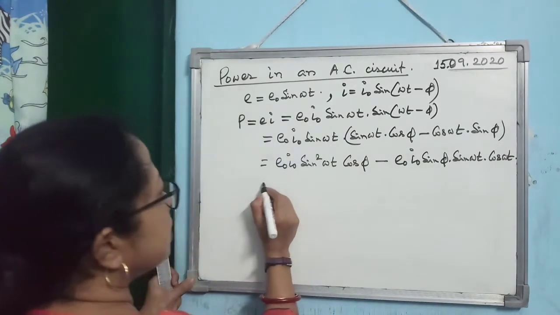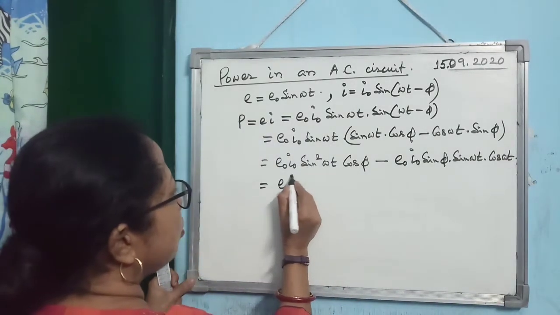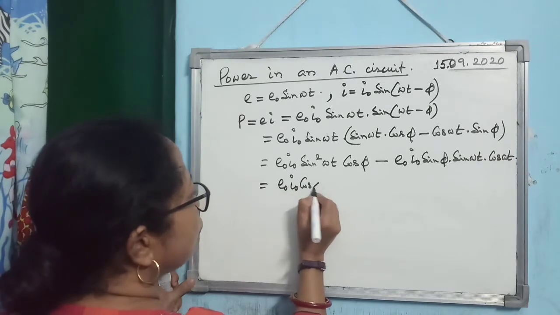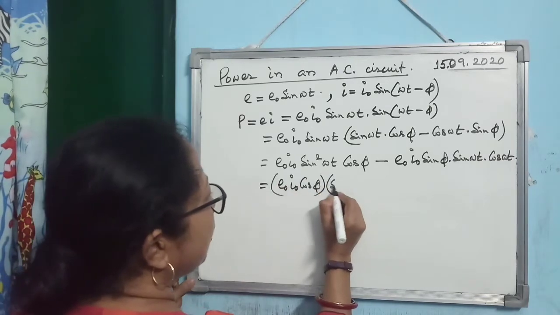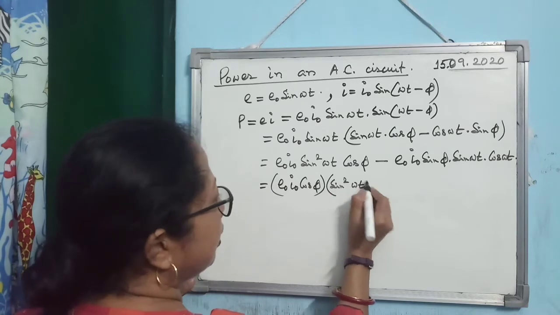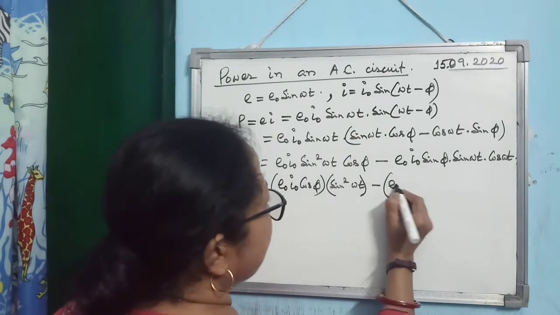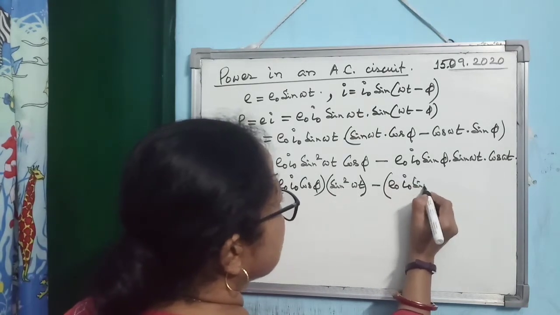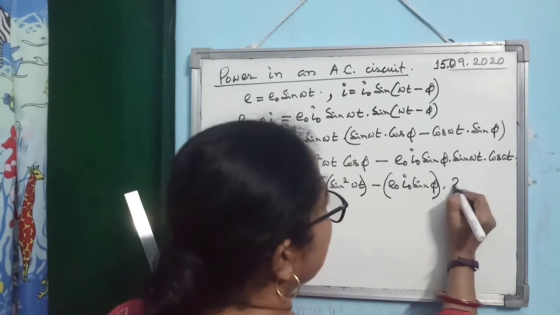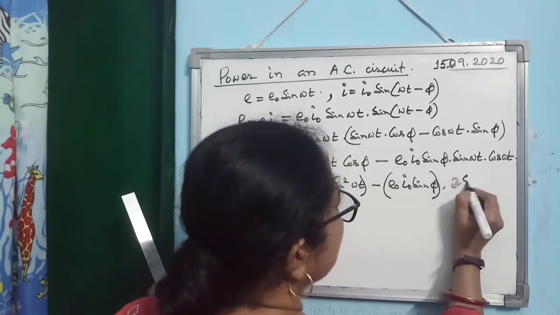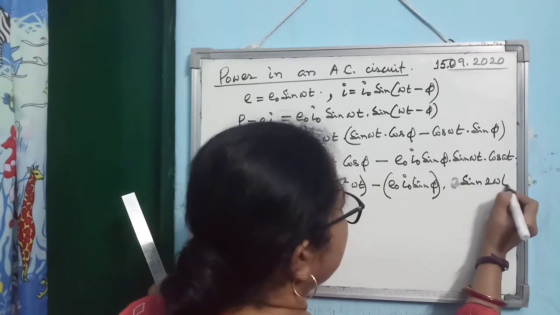Now you can write it this way: E0 I0 cos phi sin square omega t, I am writing it separately, and then E0 I0 sin phi, and this one you can write as sin 2 omega t divided by 2.